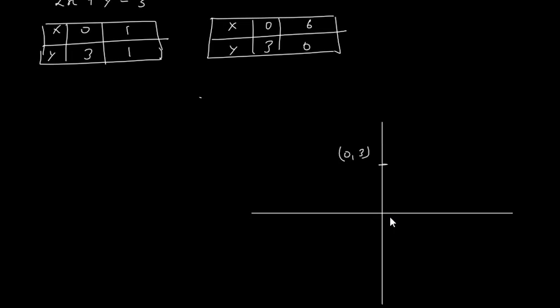So along x 1, along y 1, it may be somewhere here. This point is 1, 1. Now I will join these 2 points. So I will get a line. It will go something like this.